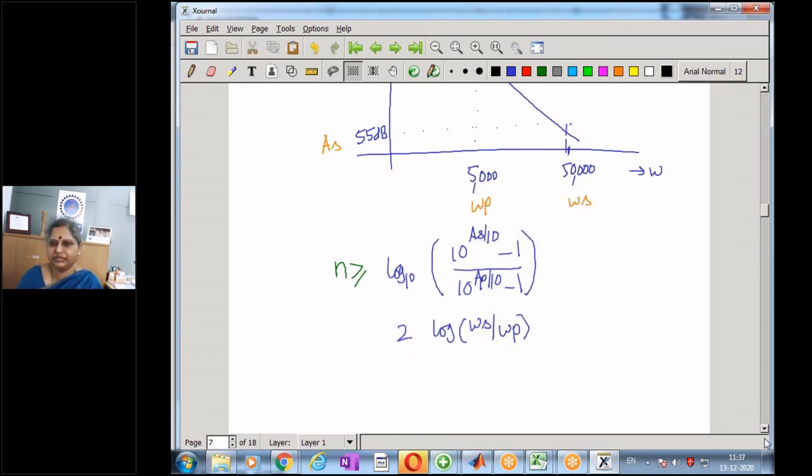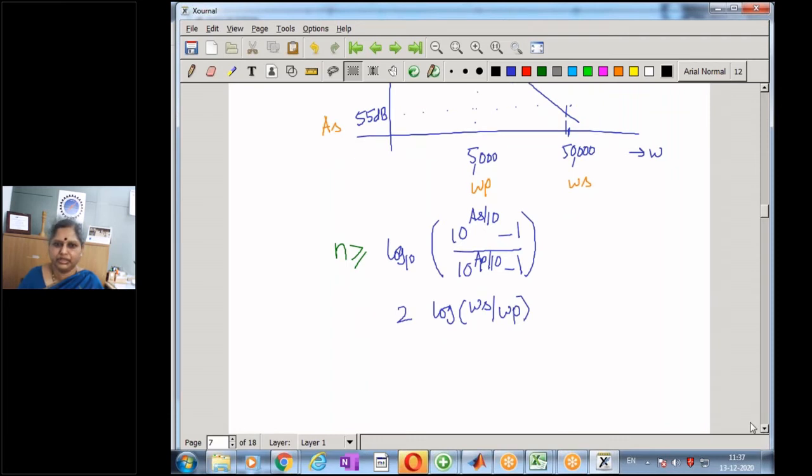So this is what we have the formula as. This is the formula.